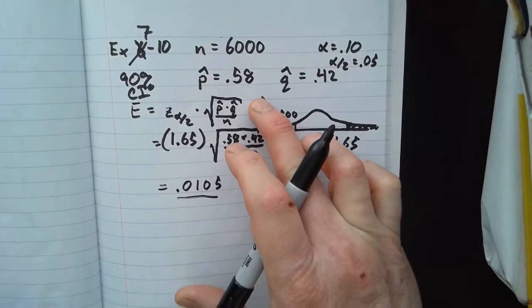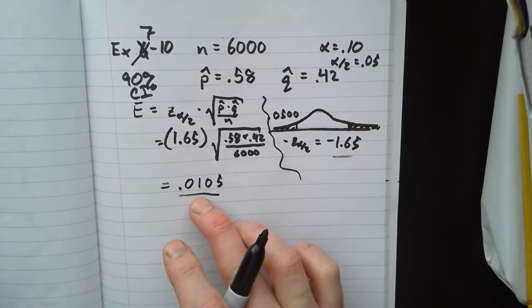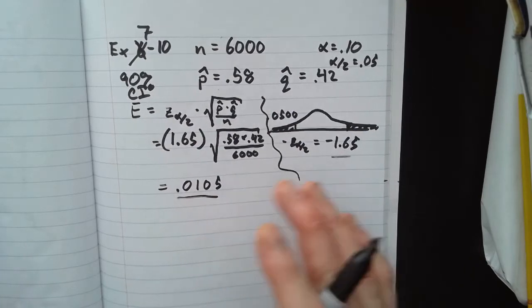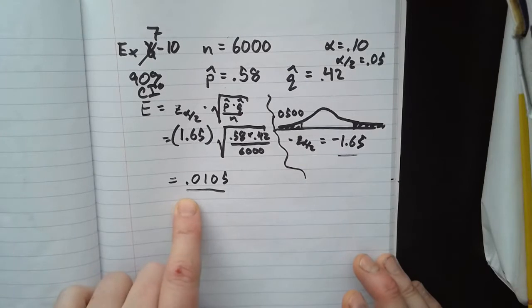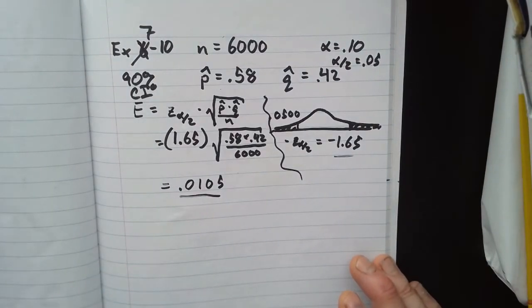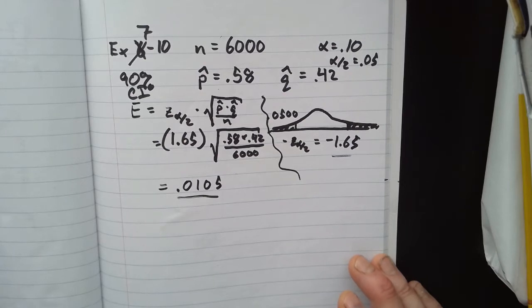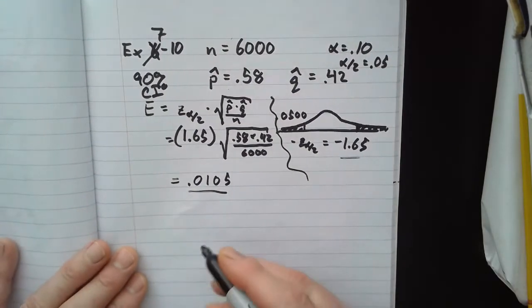Remember, a proportion is a percent, and so saying our margin of error is plus or minus 1%, that's actually really reasonable. So remember, 1% as a decimal is going to be 0.01. So as a numerical value, it's going to look pretty small. Okay, but here it should be all right.